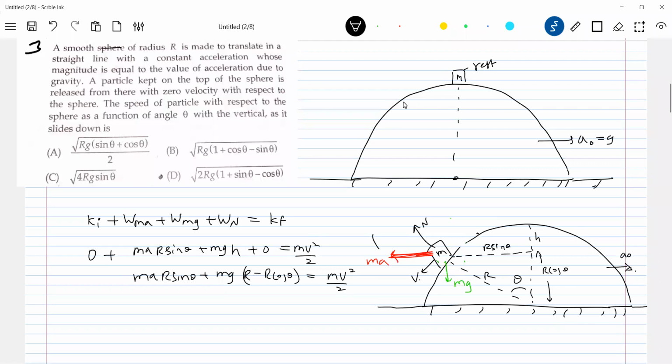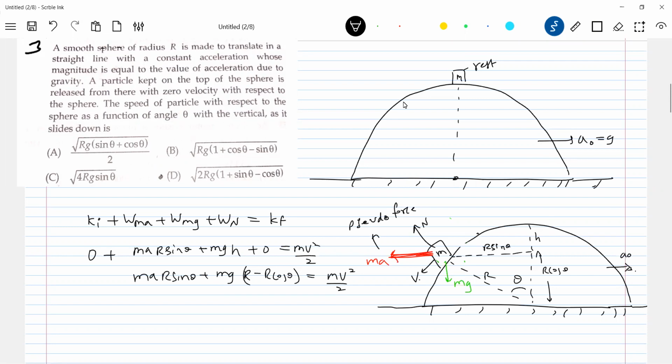This is very important here now, the pseudo force. I think the sphere or hemisphere doesn't matter. If you want, make it a complete sphere in your notes.